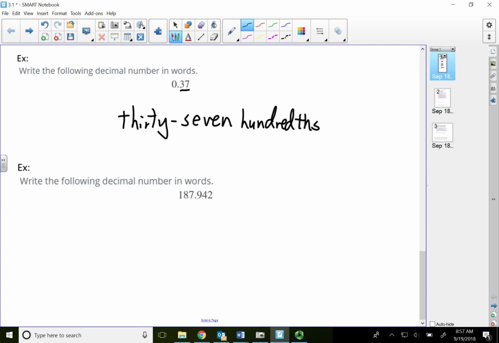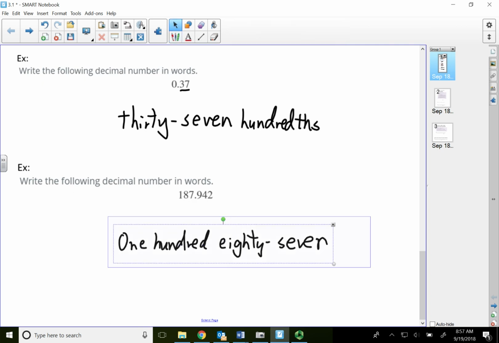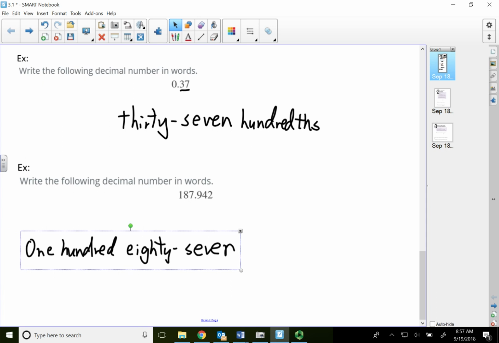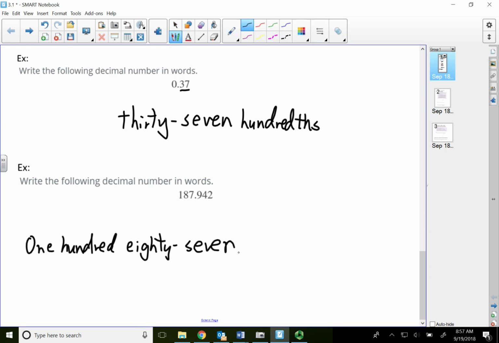All right, let's try this one. Let's read from left to right. 187. 80-7. All right, decimal. For the decimal, I'm going to say the word and. 942. Behind the decimal, we read the digits just like we would read a whole number, except I have to add where the last digit is sitting.